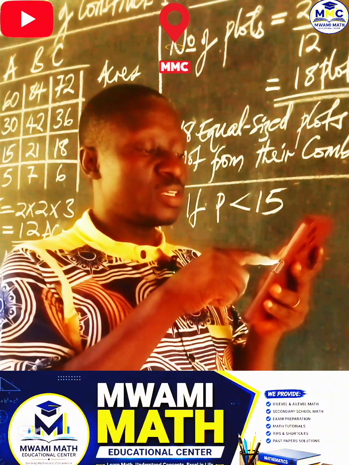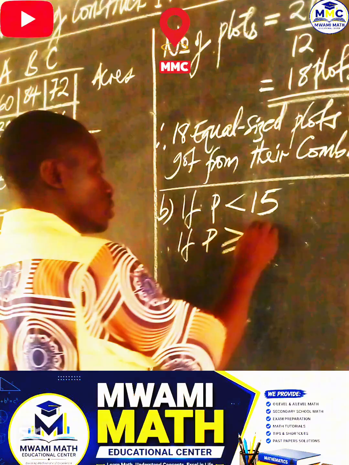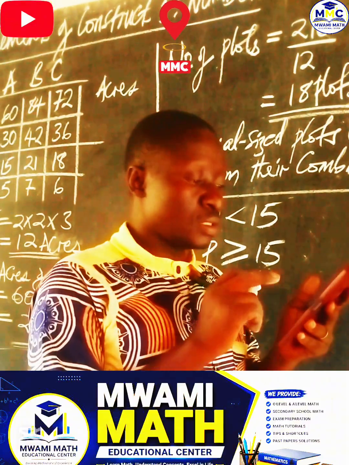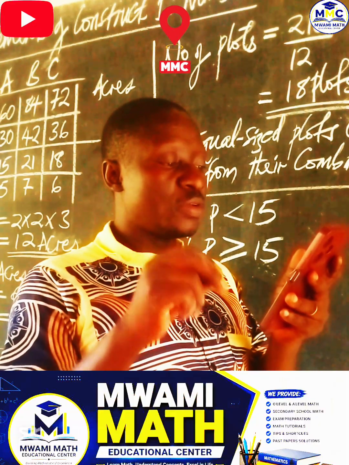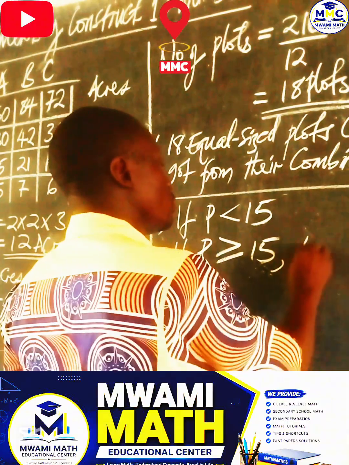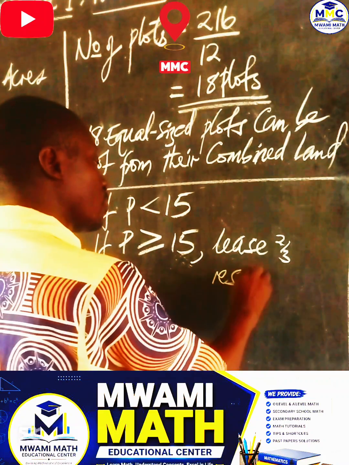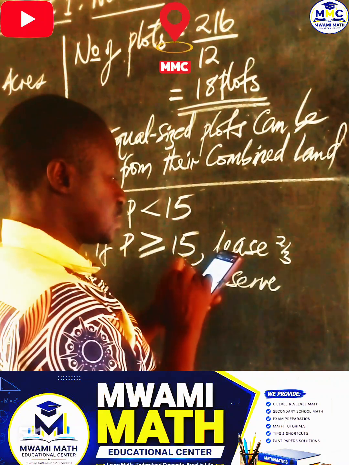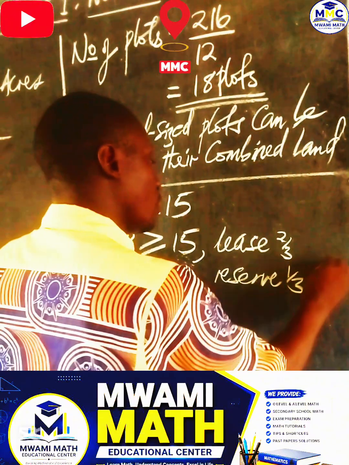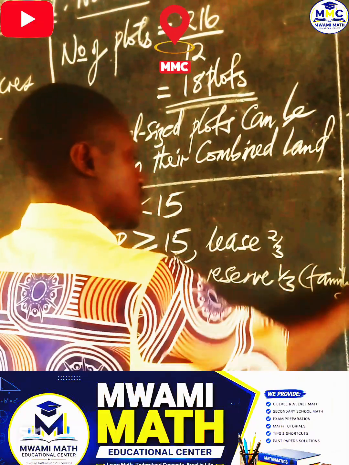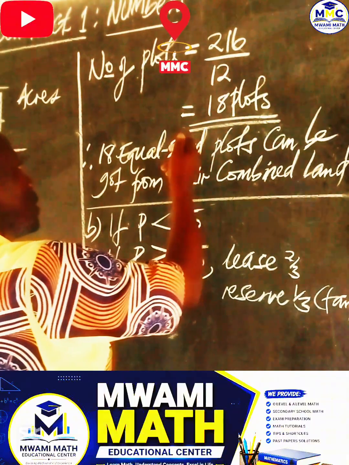And if it is 15 or more, if P is greater than or equal to 15, they will lease 2/3 and then reserve 1/3 for family projects. Okay.